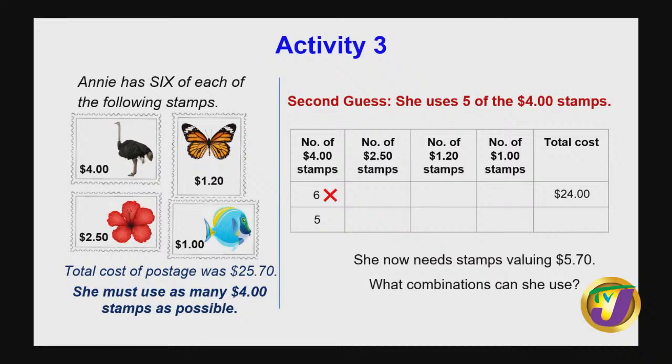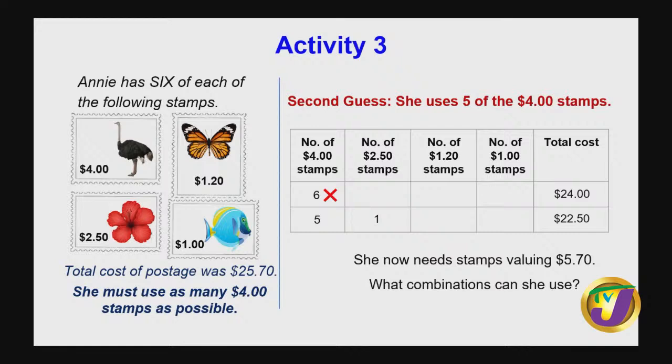We're at $22.50. You said she can't use 2. Why? Because she needs $5.70, and if she used 2, that would be $5, and we don't have any 70 cent stamps. We needed that 50 cents and 20 cents to come together to make 70 cents.